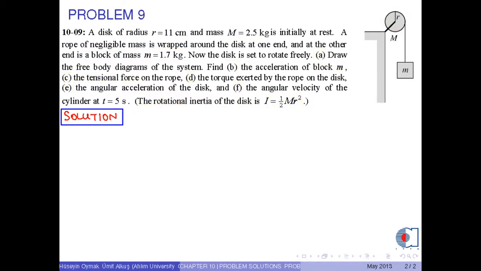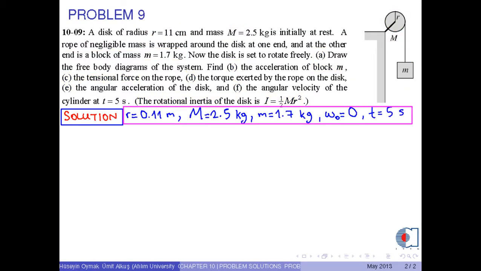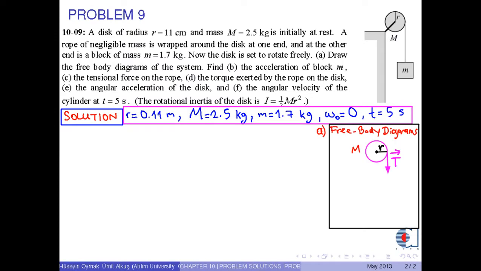First, we write the given quantities in SI units. In part A, we draw the free body diagrams for each object. Since the disc is rotating, we cannot represent it by a point. We draw it as it is. Here, the only force acting on this disc is the tensional force on the rope, and it is a downward force.